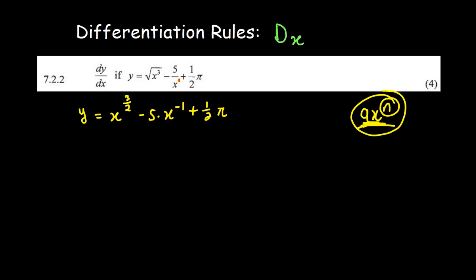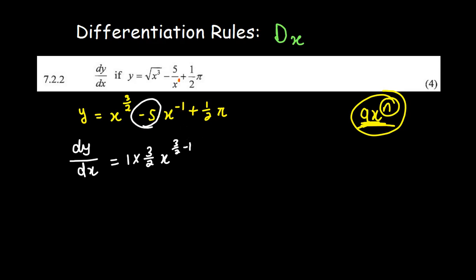So now we have simplified it. Now it's in this form. Now we can apply the rules. When you apply the rules, we're going to say dy over dx would be equal to the number that is here, which is 1, so 1 times 3 over 2, then x to the power of 3 over 2 minus 1. Then what about here?